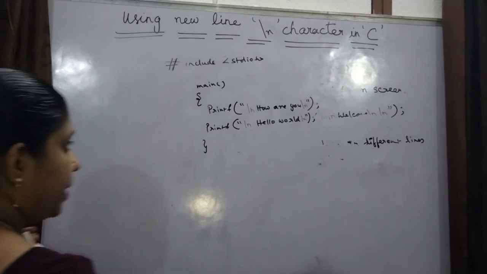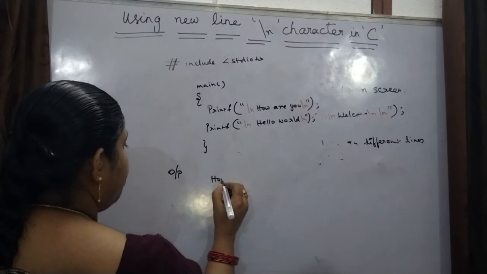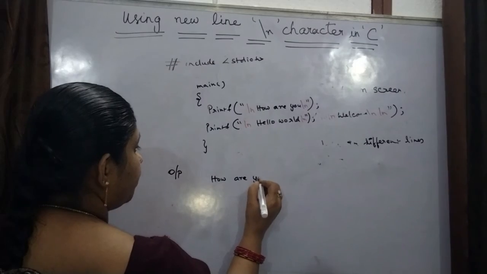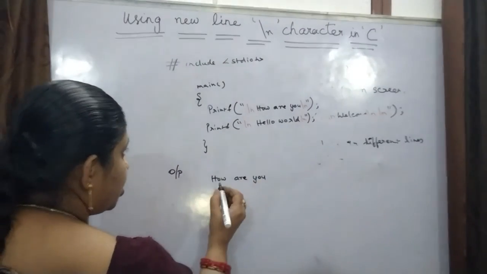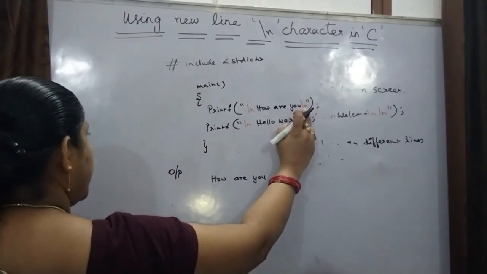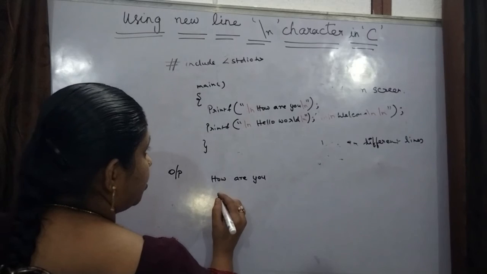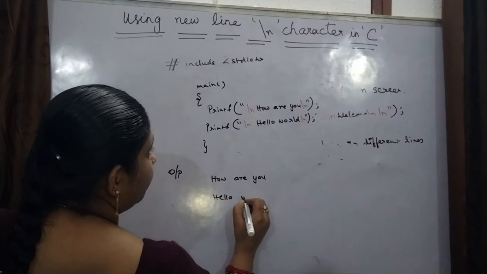Now if you write like this, the output will be like this. Okay, how are you? Next, the cursor jumps to the next line, but we have given one more new line character, so it will skip one line and it will print the hello world.